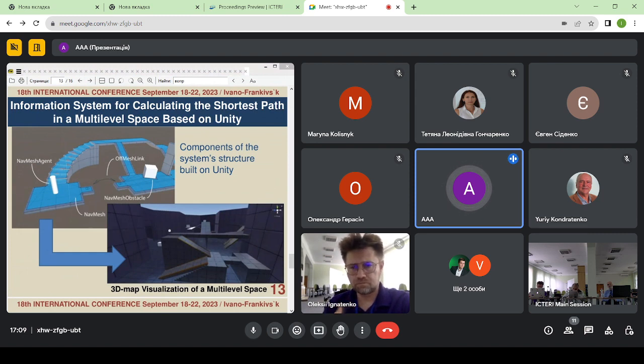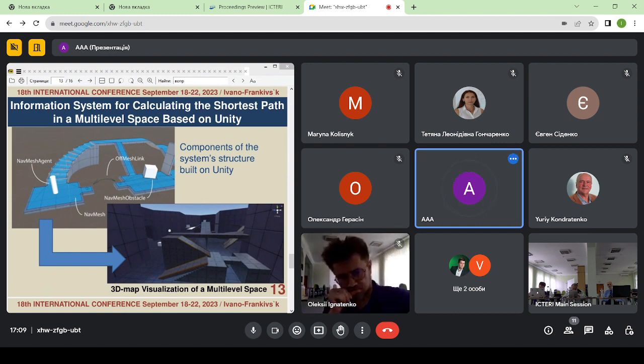Information system for calculating the shortest path in a multi-level space based on Unity. These are the components of the system structure built on Unity. This is the NavMesh, the main component, which is a data structure that describes all the surfaces of the game level, for which it was created, by turning to it characters and NavMesh agents.